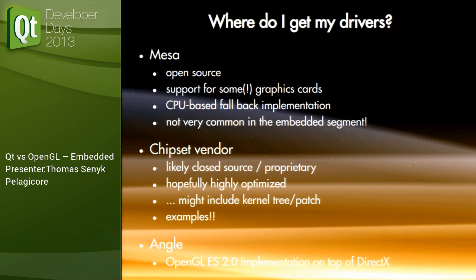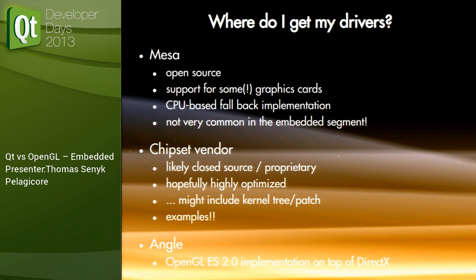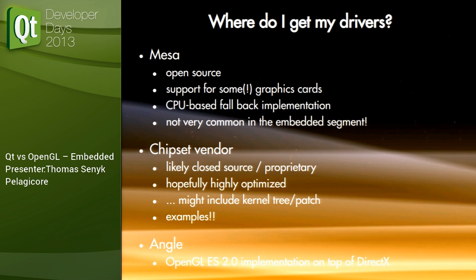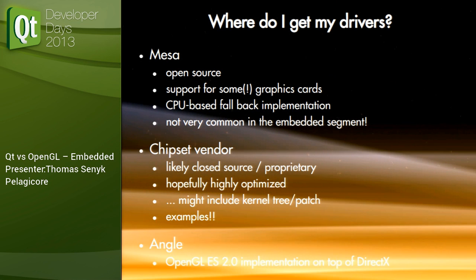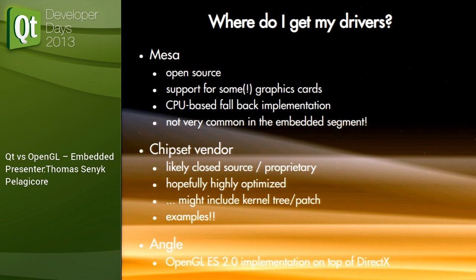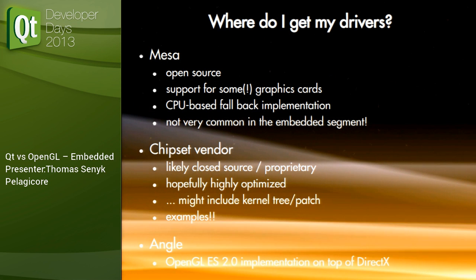Very often OEMs maintain their own Linux kernel tree, their own fork of the Linux source code. You should always ask for examples including source code. They help significantly in integrating stuff.